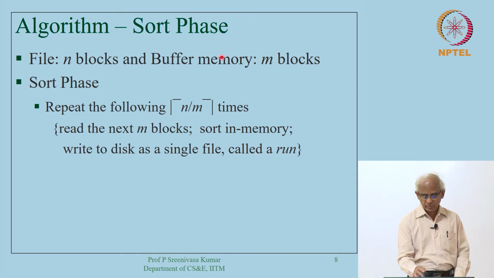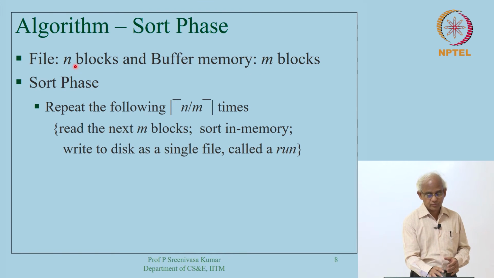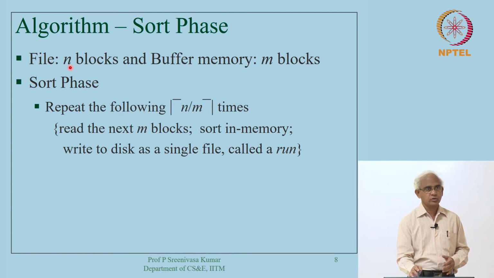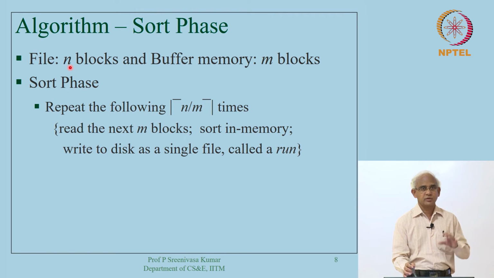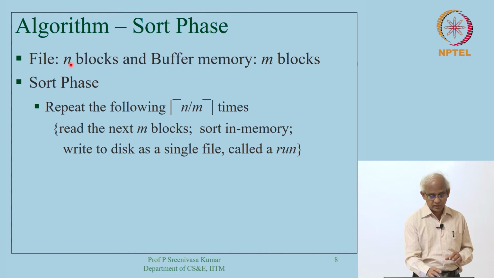We have been given some memory space, roughly equal to m blocks. m might be huge, but still n is much larger than m. So you have some RAM space equal to m blocks, and the disk file has n blocks, which is a much bigger number compared to m.